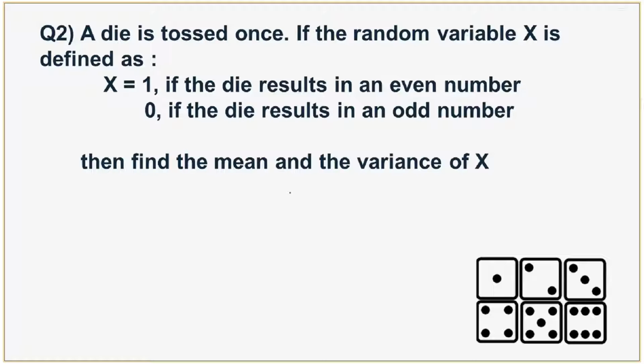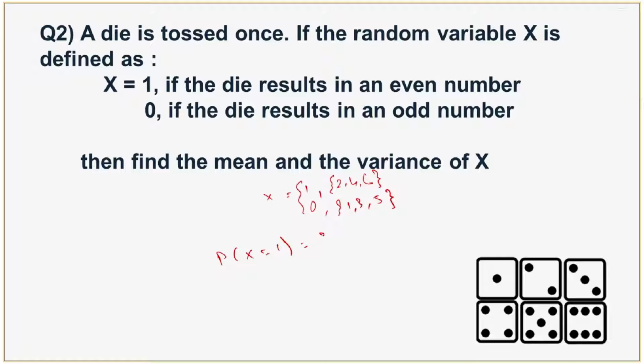Okay, so when a die is rolled, you take x to be 1 or 0. 1 if the die results in 2, 4 or 6, and 0 if the die results in 1, 3 or 5. So what is the probability of x equal to 1?